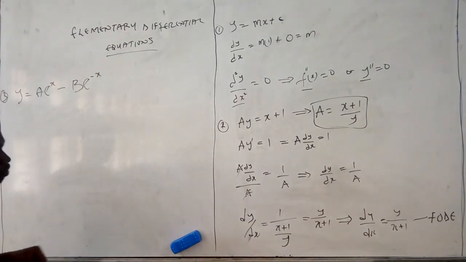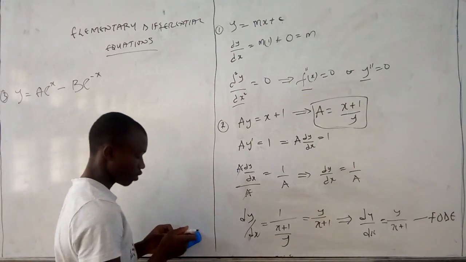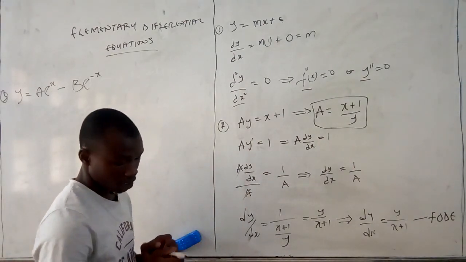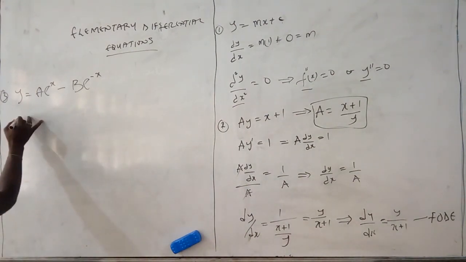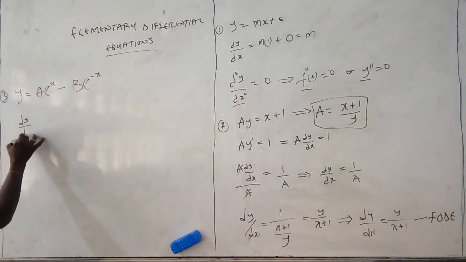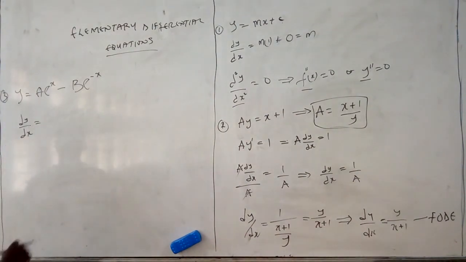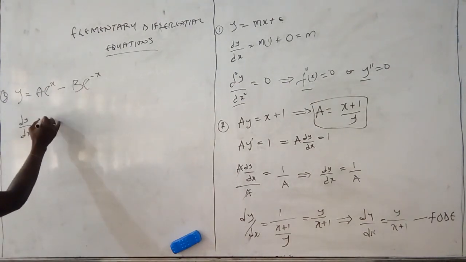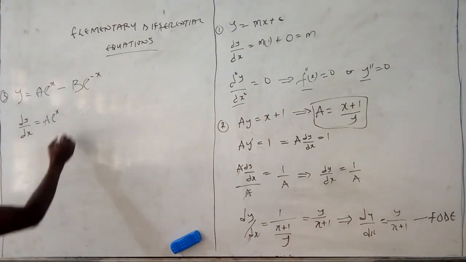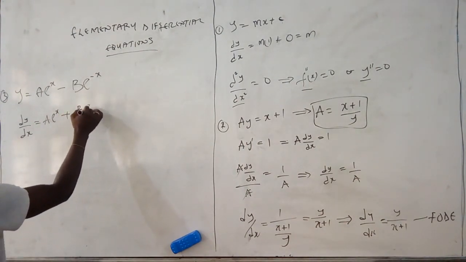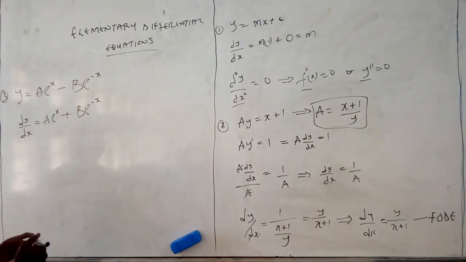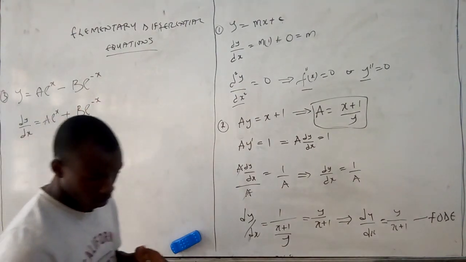So that means you have to differentiate it twice for you to get the differential equation. So the first derivative, dy dx, is equal to, if you differentiate this, you have a exponential x plus b exponential minus x. That's what you have.